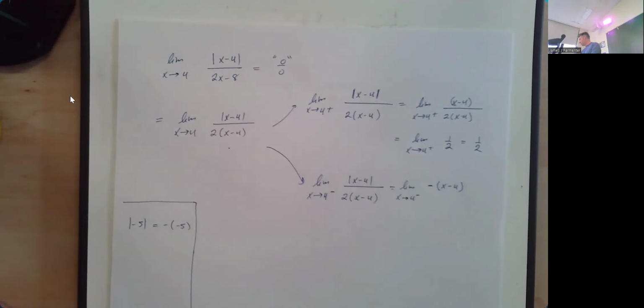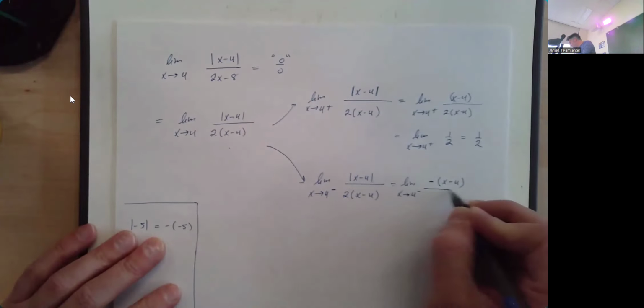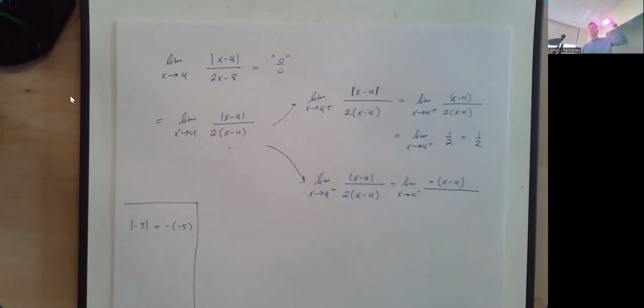Let me ask you all, if x is less than 4, and I haven't written the bottom part yet, is that numerator positive? You pick a number less than 4. Anything you like, 3, -30, anything.